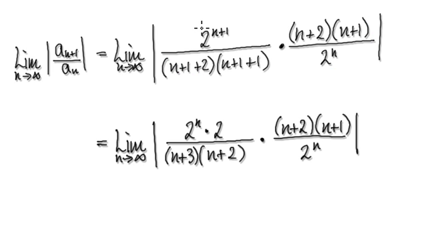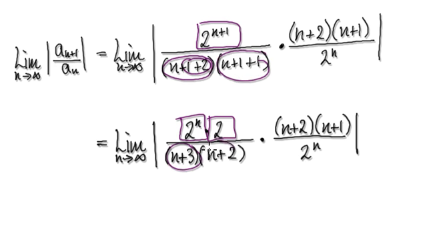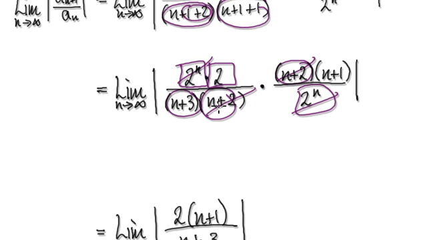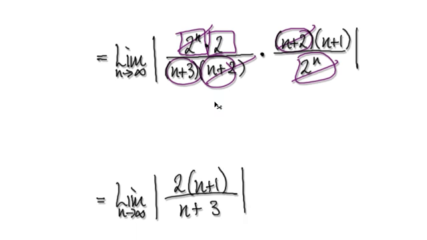Visualize this block as one block multiplying another block, and then tidy this up. This is really n plus 3, this is really n plus 3, and this is really n plus 2. So you can see that n plus 2 here will cancel out with this, and this one here will cancel out with this. That takes you to here.